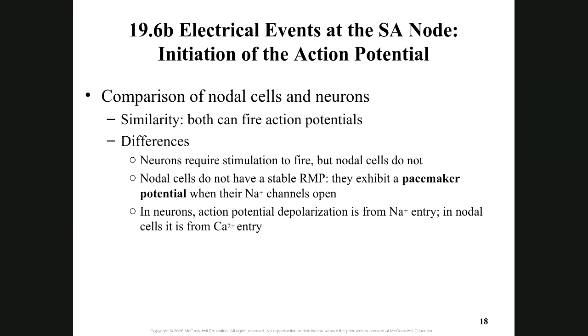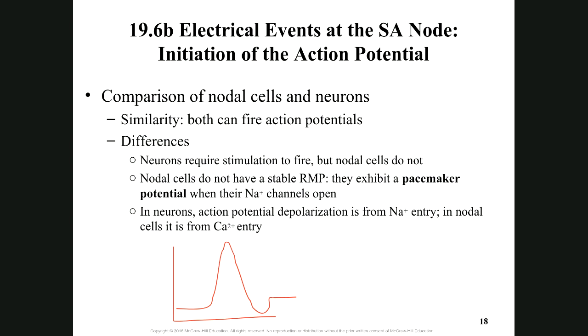Let me draw the action potential of the neuron for you. If you remember, we have resting membrane potential, then we have depolarization, repolarization, hyperpolarization, and then again resting membrane potential.